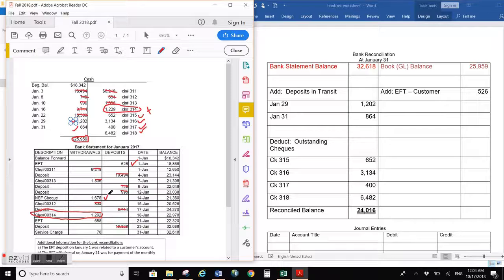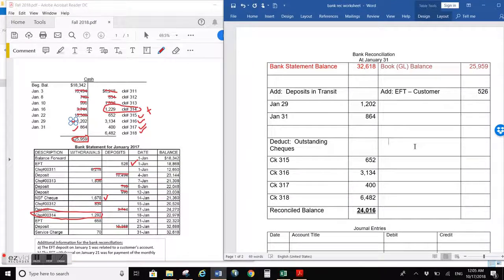So they've now subtracted that amount out of our bank account to nullify the transaction. We didn't get anything, so we shouldn't show anything going into the bank account. So we're going to deduct that NSF check.